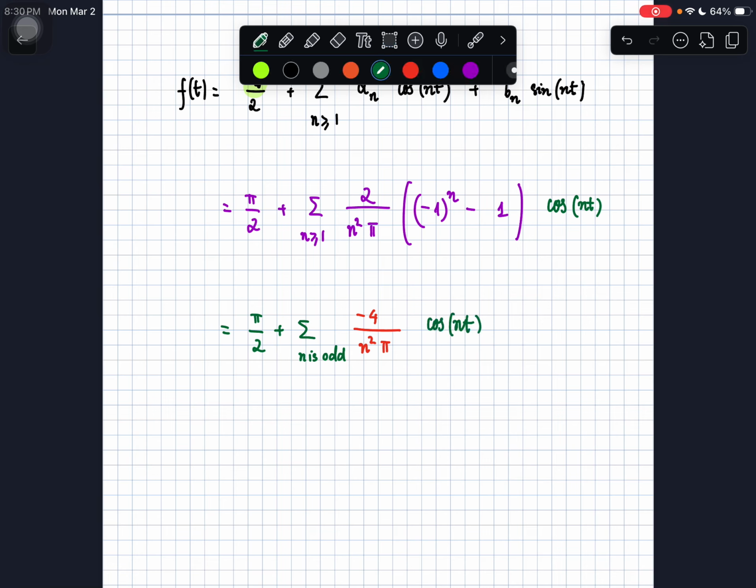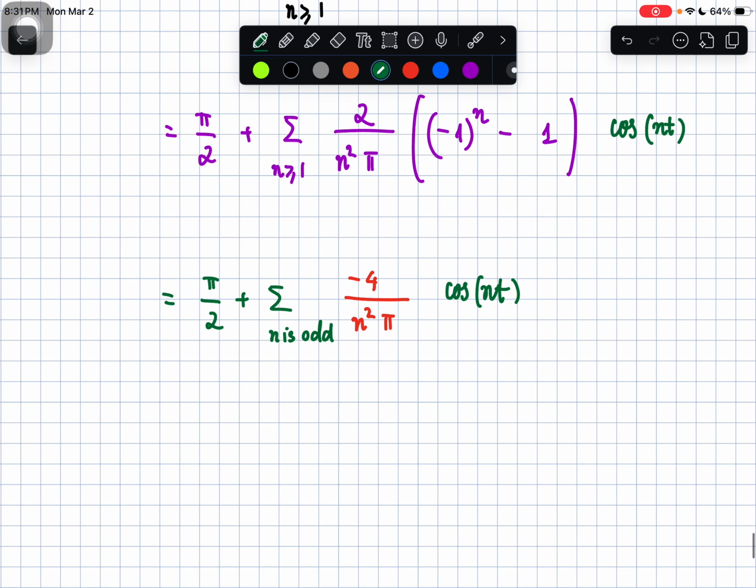Or we can put minus outside, and we can even take 4 over pi outside because that is just a number. Sum over n odd of 1 over n squared cosine nt.